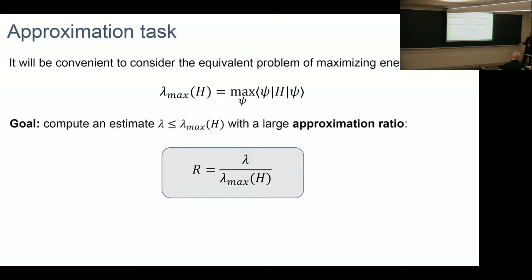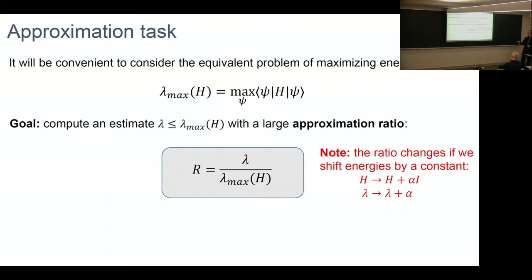Our goal is to compute an estimate lambda. We require that the estimate is always upper bounded by lambda max, and we want the ratio of lambda divided by lambda max to be as close to 1 as possible. This ratio we'll call the approximation ratio, and we want the best possible approximation ratio. That's our goal.